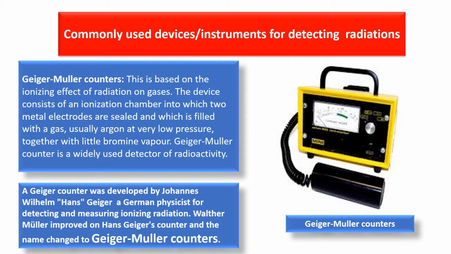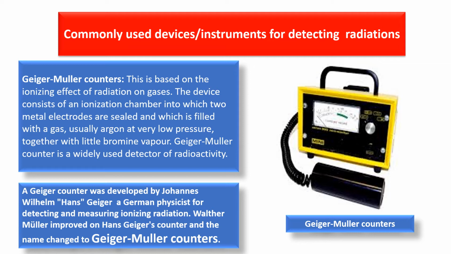This Geiger counter was improved on by Walter Müller, and the name was changed to Geiger-Müller counter after he improved on Geiger's counter.